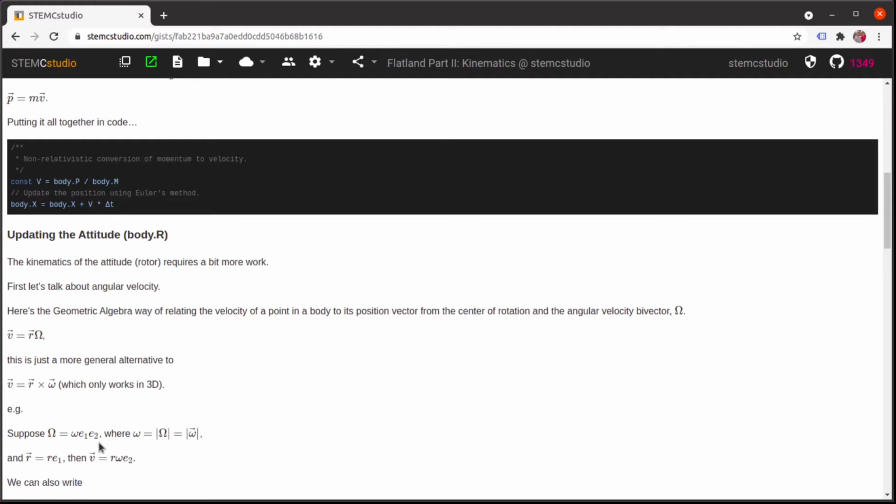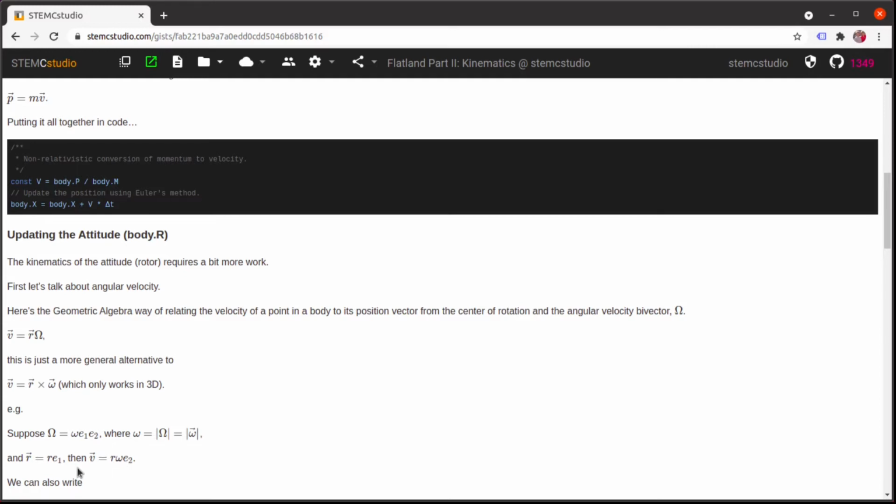And because it's associative, we can do the e1 times e1 multiplication before we do the e2 multiplication. And e1 times e1 is just e1 dot e1 plus e1 wedge e1, which is e1 dot e1, because a vector wedged with itself is just 0, and e1 dot e1 is 1. So the e1s cancel out, and you're left with just the e2.